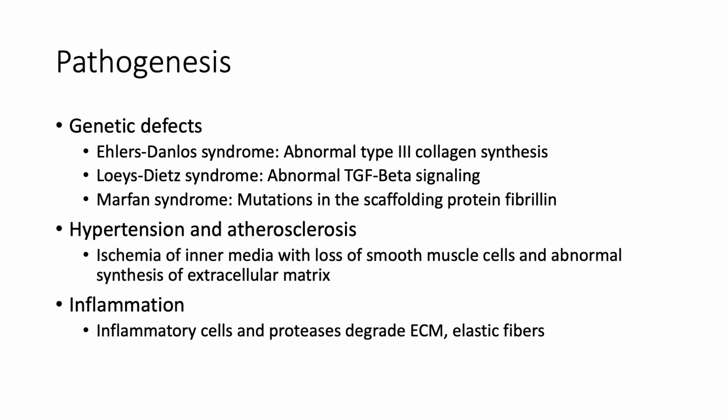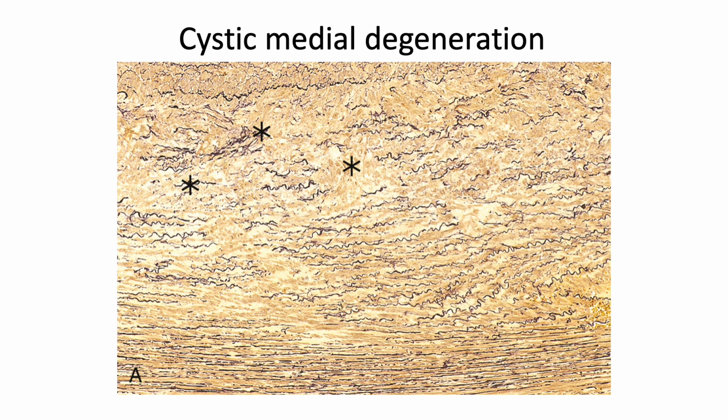And then also other things like inflammation, like vasculitis, autoimmune diseases, or infections. You end up with a lot of inflammatory cells and proteases that can degrade the extracellular matrix and elastic fibers of the media. All of these processes lead to the same pathologic finding called cystic medial degeneration.